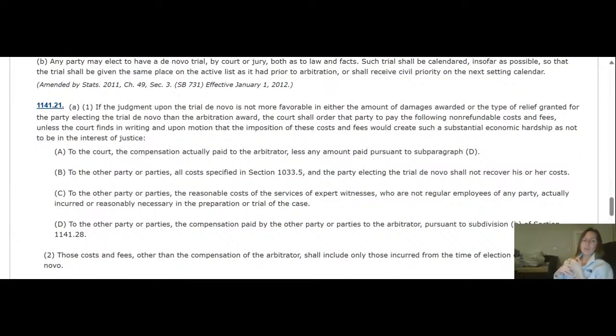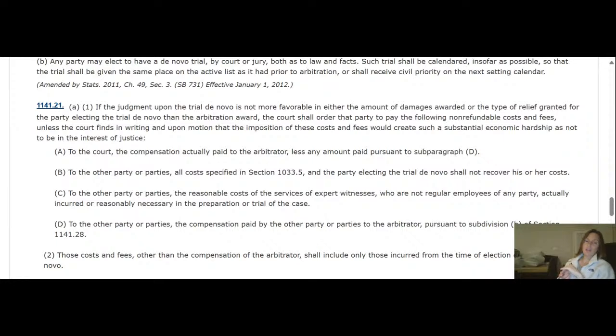A, to the court, the compensation actually paid to the arbitrator less any amount paid pursuant to subparagraph B. B, to the other party or parties, all costs specified in section 1033.5, and the party electing the trial de novo shall not recover his or her costs.